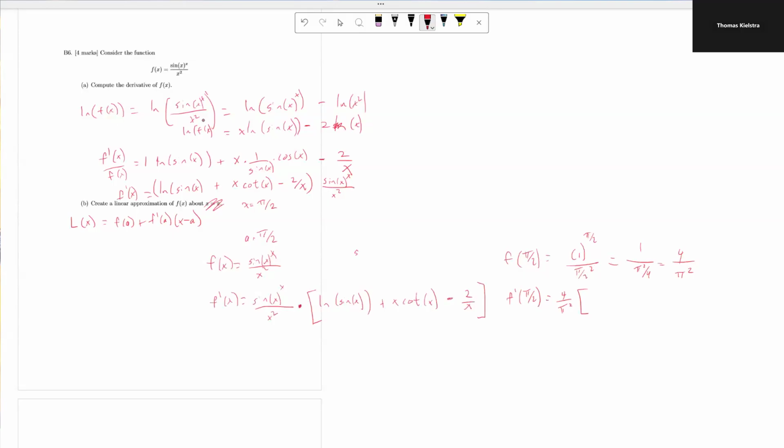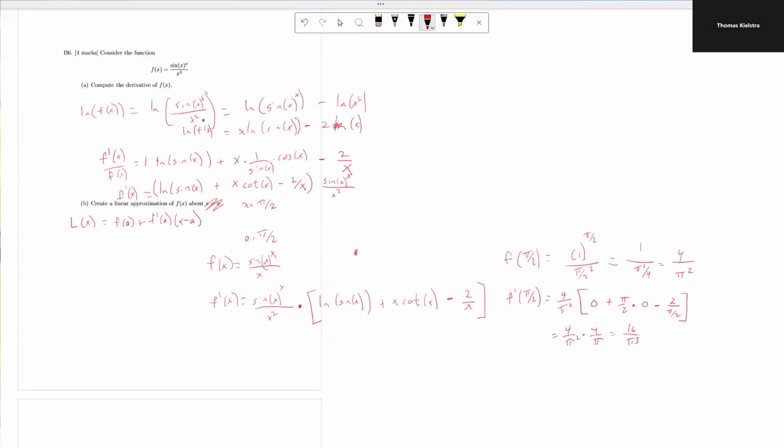Well, sine of pi by 2 is 1, so it's ln of 1, which is 0, plus pi by 2 times cotan of pi by 2 is 0, because cos of pi by 2 is 0, minus 2 divided by pi by 2. This equals 4 over pi squared times 4 over pi, which equals 16 over pi cubed.